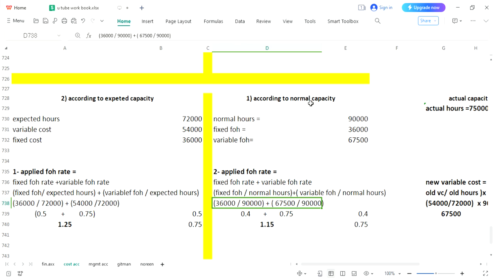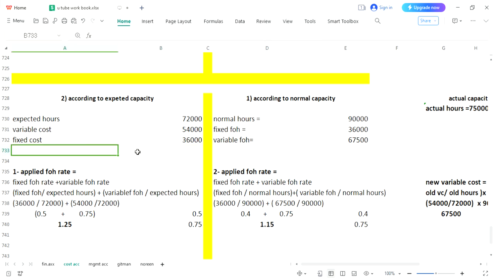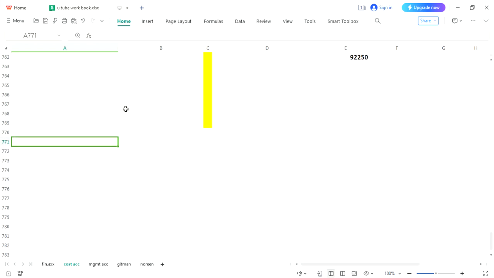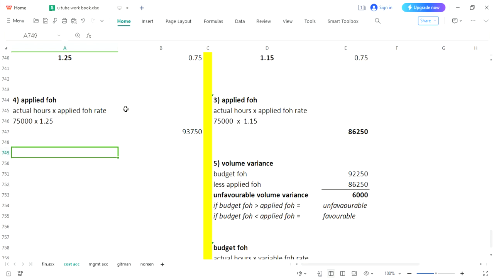The right side of this whole page is for normal capacity, and this is your left page. Everything is calculated according to expected capacity. That is why we have segregated and changed the format just for this question.